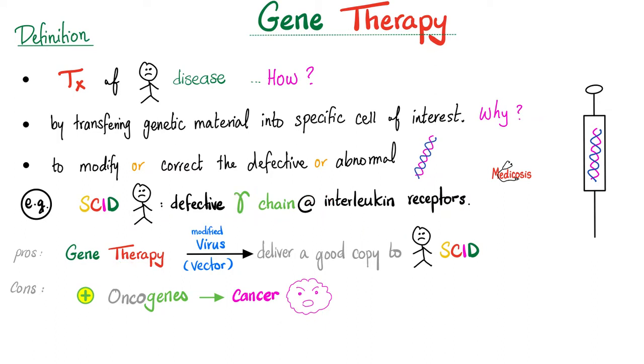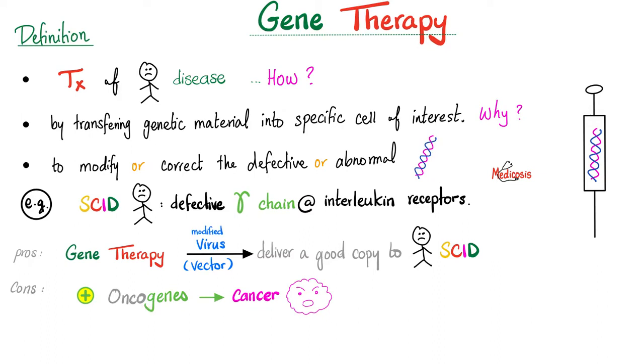We can use gene therapy to introduce the correct gamma chain by inserting the correct gene, usually transferred via a modified virus called a vector, because the virus, by definition, is trying to invade your cell. And this modified virus will take the correct copy and insert it instead of the bad copy. That's the good news, that it can help treat SCID.